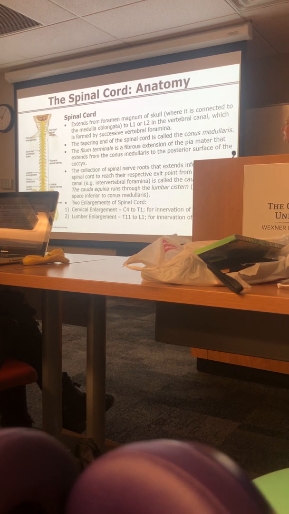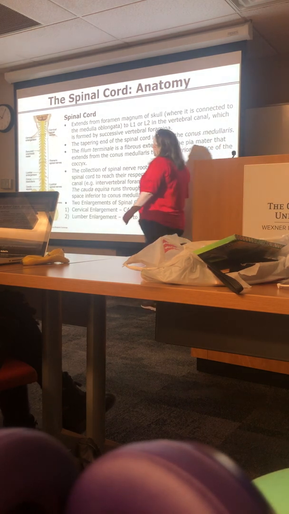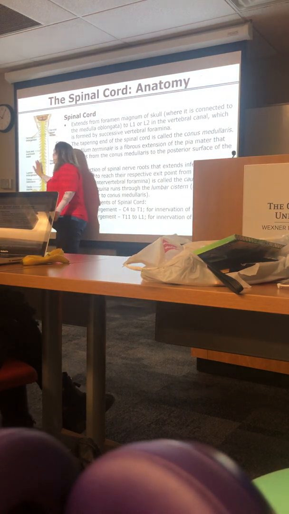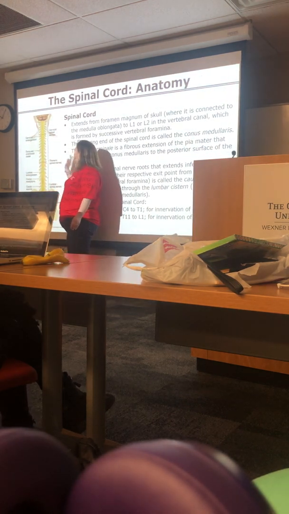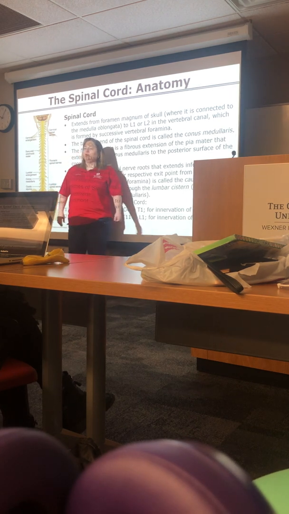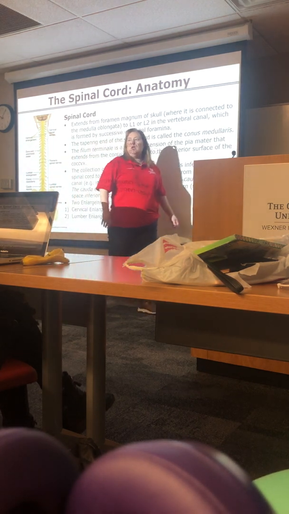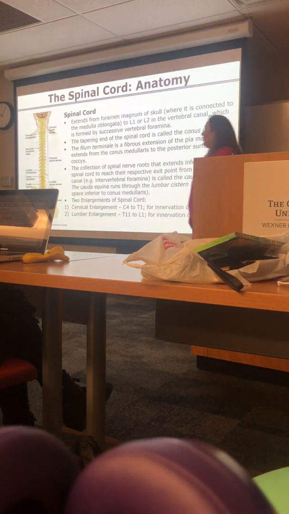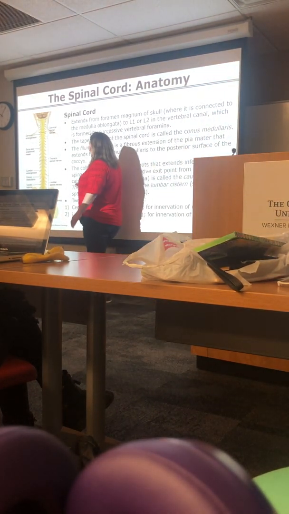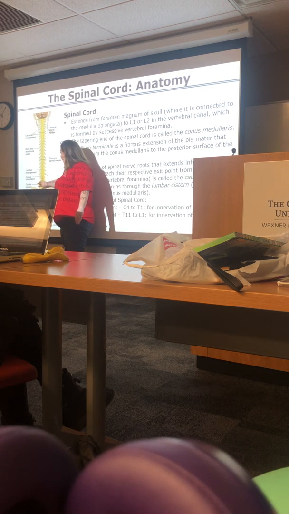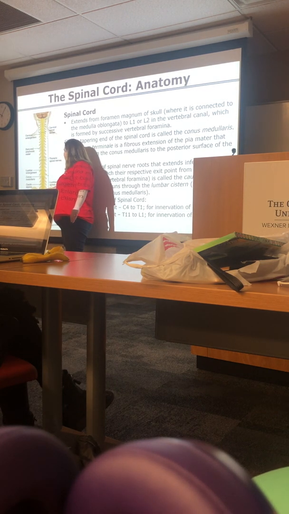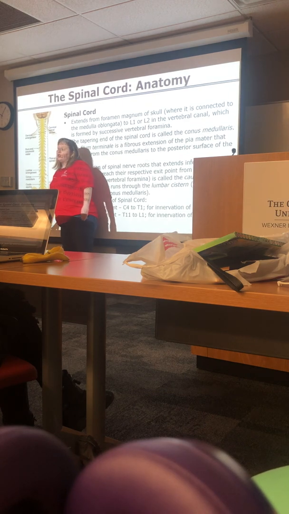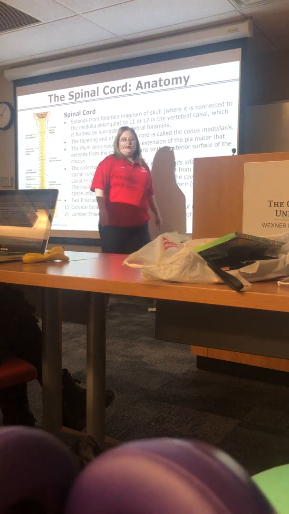Even though the spinal cord ends at L1, L2, you know that we have 31 nerve roots on one side and 31 on the other, coming off to form our spinal nerves, 31 pairs of them. So although the spinal cord ends at the L1, L2 level, we still need those roots extending down to get to the intervertebral foramina, their exit points.